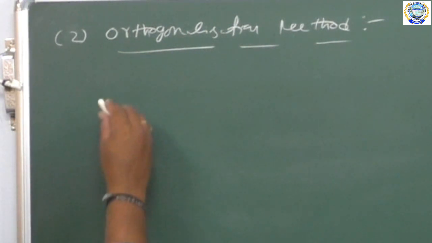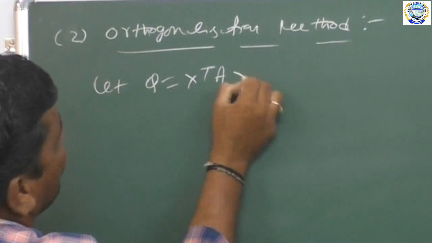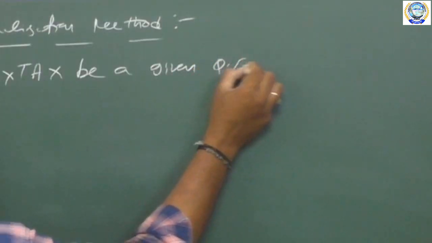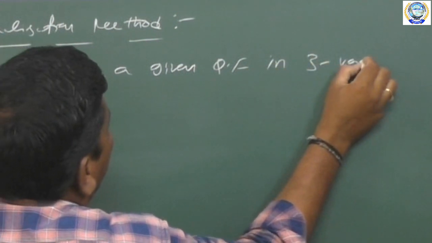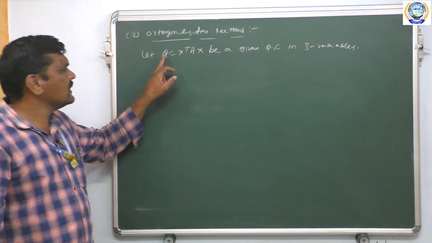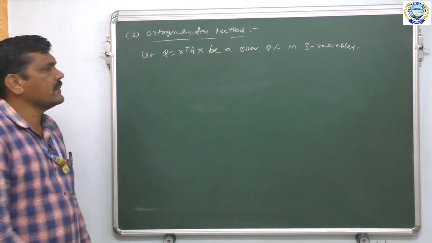First, let us take the given quadratic form with three variables. Q is equal to x transpose Ax be a given quadratic form in three variables. Then to reduce this quadratic form into canonical form, we use the following steps.